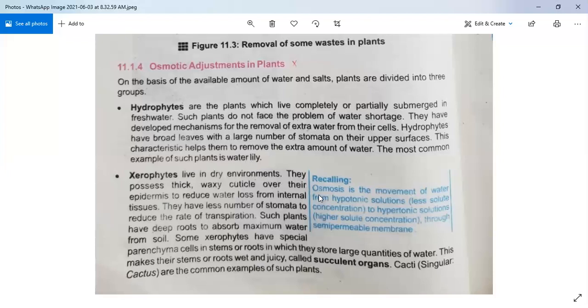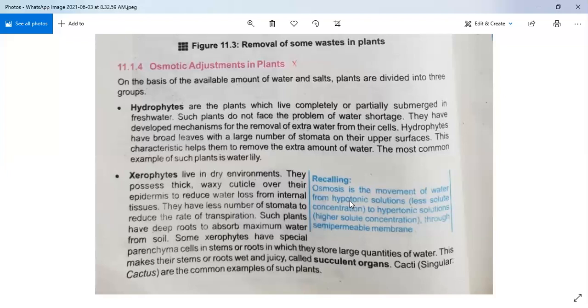Now, what is osmosis? Osmosis is the movement of water from a hypotonic solution to a hypertonic solution through a semi-permeable membrane. Okay. You all know about the concept of hypotonic and hypertonic. We have discussed tonicity in class 9 biology, chapter 4.